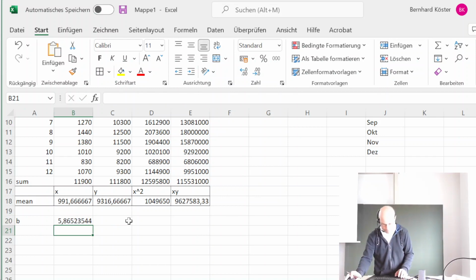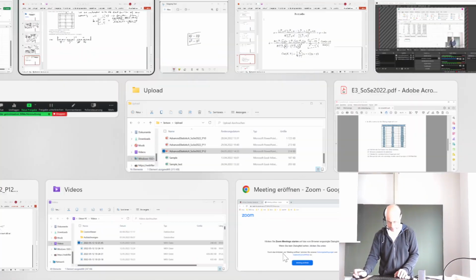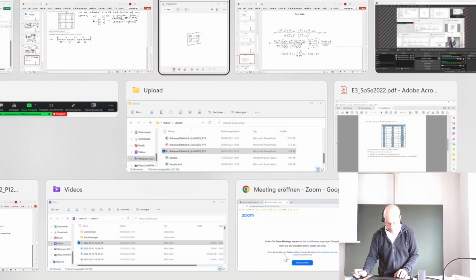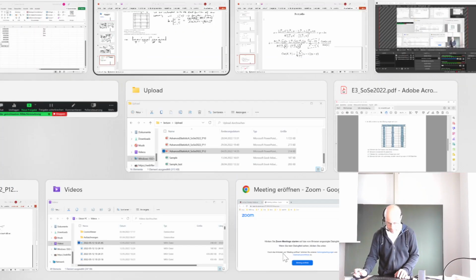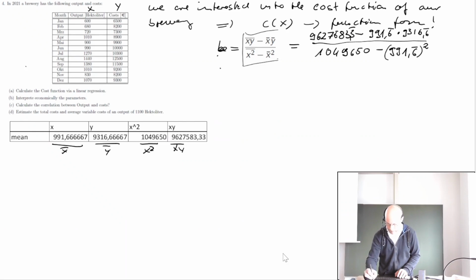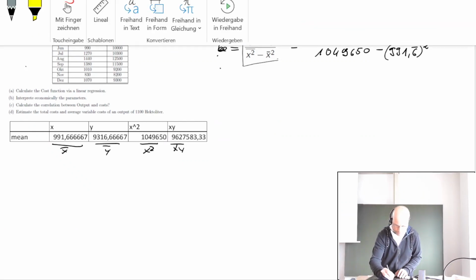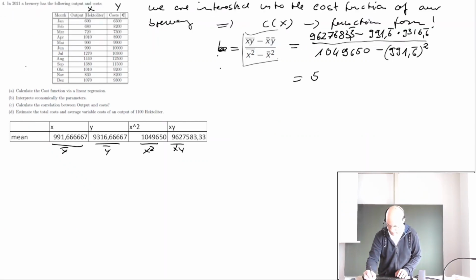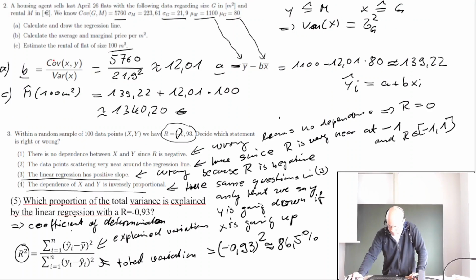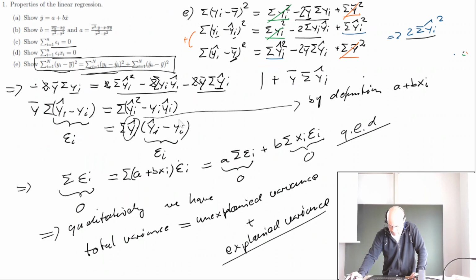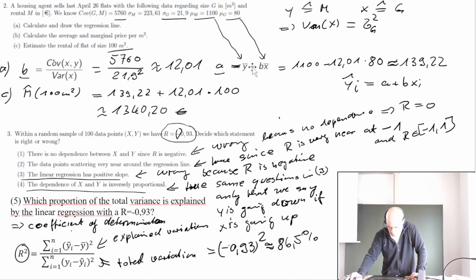Yes, 5.865. So we obtain b equals 5.865. And a, of course, we again obtain here. We had it already. Where did we have it? This one.